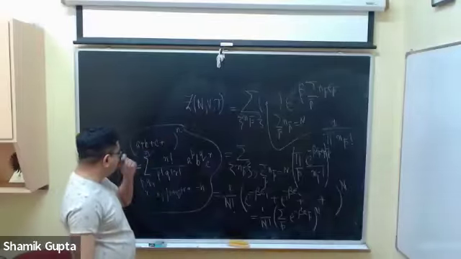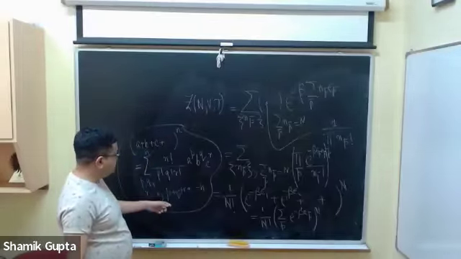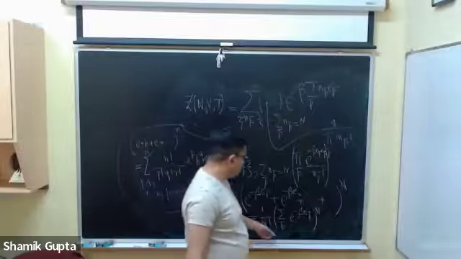You can check for N equal to 2 if you have two terms. This is the general formula, so I just used it here.